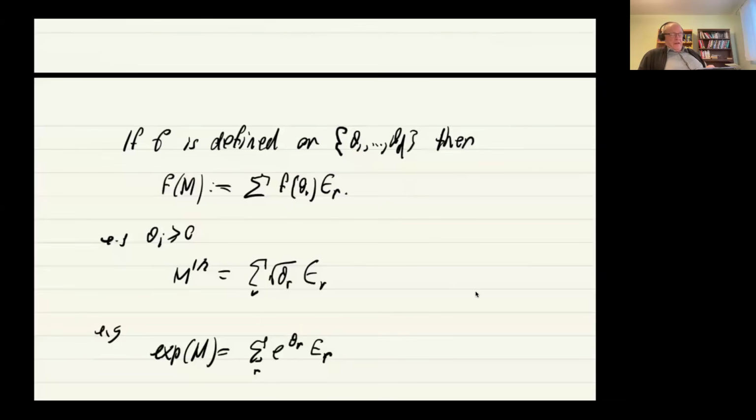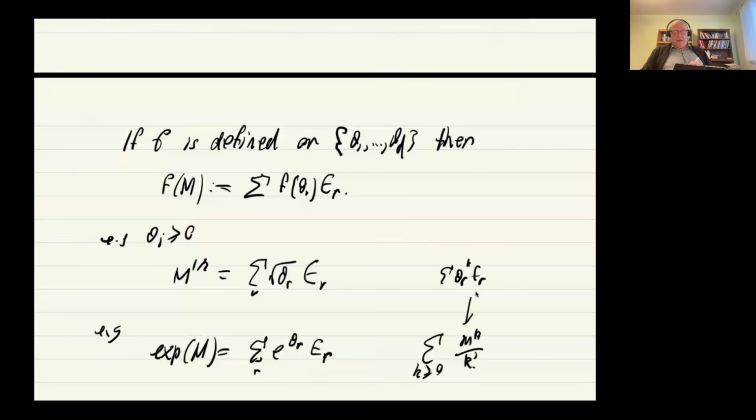Now, it's reasonable to ask, how do I know this is actually equal to the sum of M to the k over k factorial? And my attitude is that I'm not going to care. There are various ways you can verify it. This becomes more of a question when you're dealing with operators in infinite-dimensional spaces, but in our case, it's probably not too hard to work out.